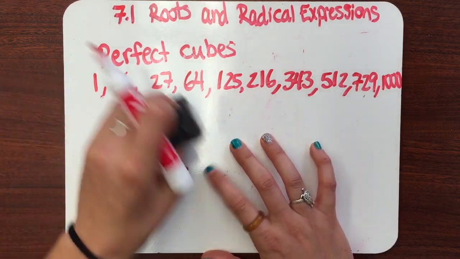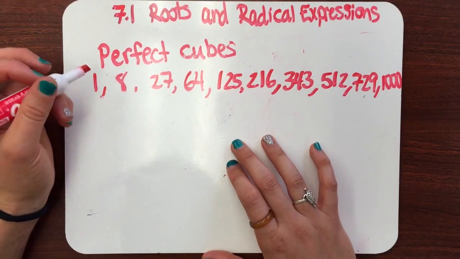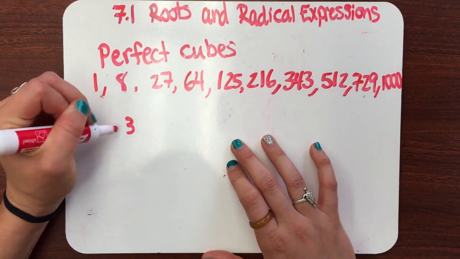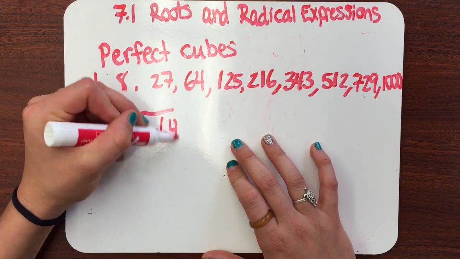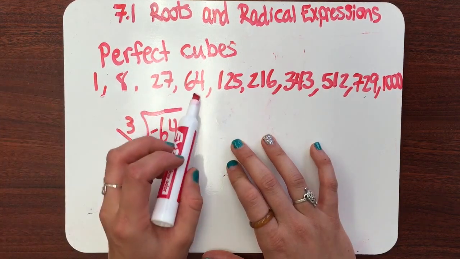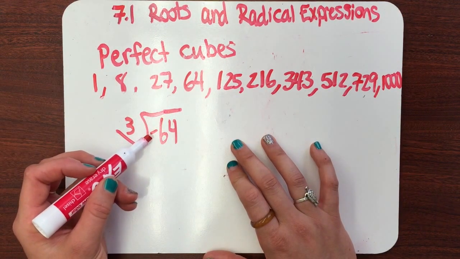For example, if I have, let's say, the cube root of negative 64. Well, I know that the cube root of 64 is 4, but now it's a negative underneath.